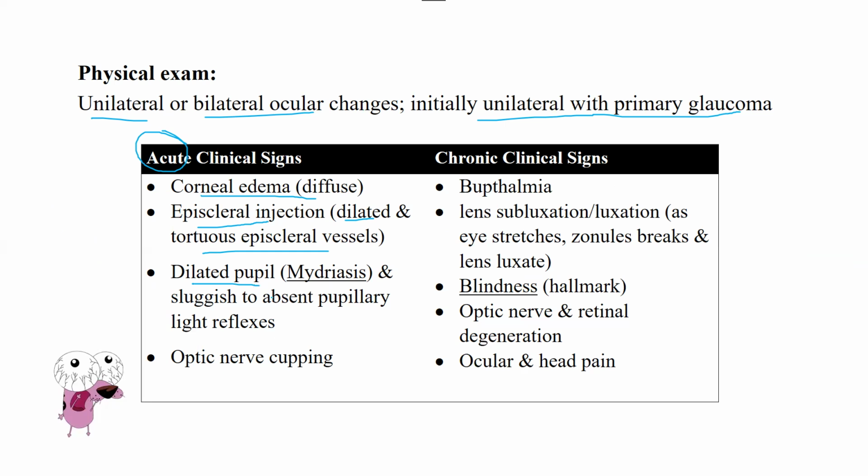So here we are having dilated pupil, and because of that, sluggish to absent PLRs, pupillary light reflex is going to be absent. We will talk in detail what PLRs are when we study the nervous system, each and every eye exam test. The last but not the least is optic nerve cupping. What is basically optic nerve cupping? Let me tell you this.